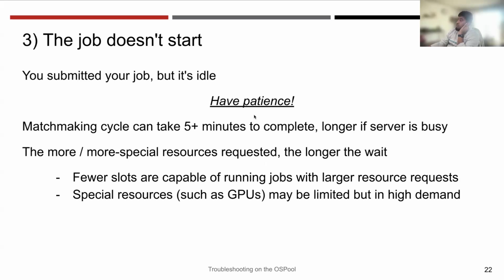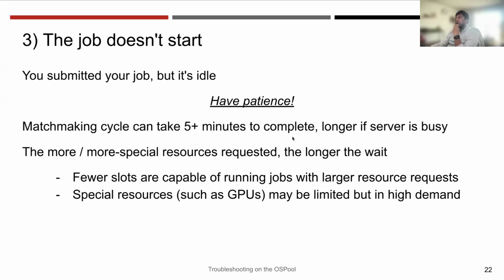So firstly, let me establish some ground rules. When you're submitting your job, it does take some time for the matchmaking process to go through. As a rule of thumb, for very small requirements, do allow 5 minutes or more. For small jobs, it usually gets way faster than that, a minute or two, if your resource requirements are lower.